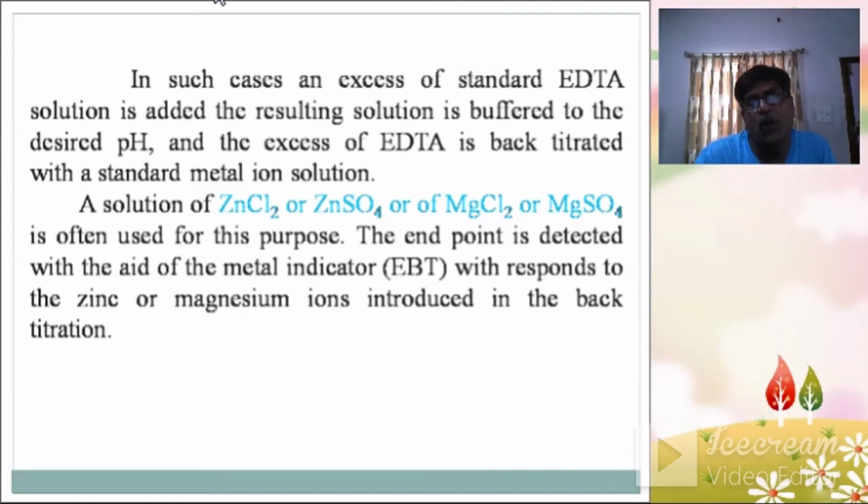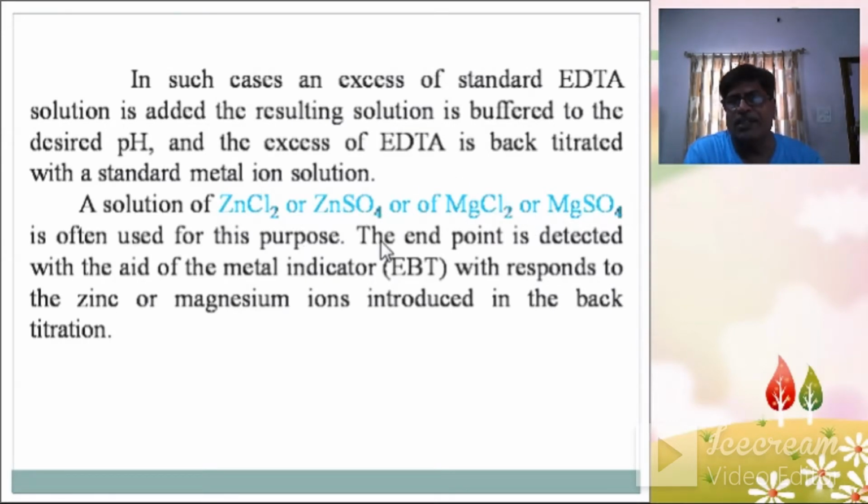This EDTA is back titrated with standard, for example 0.01 molar, zinc. In such cases, an excess of standard EDTA solution is added. The resulting solution is buffered to the desired pH, and the excess EDTA is back titrated with standard metal ion solution. A solution of zinc chloride or zinc sulfate, magnesium chloride or magnesium sulfate is often used for this purpose.